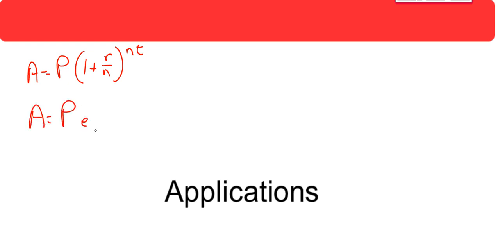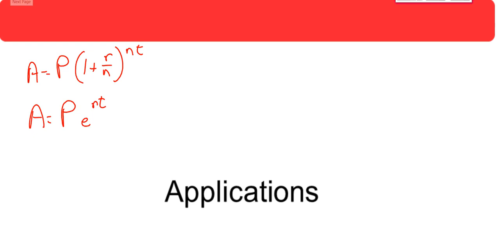A equals P times 1 plus r over n to the nt, if that is calculated multiple times during a year, or A equals P times e to the rt, if that is compounded continuously. So just a little reminder of those.